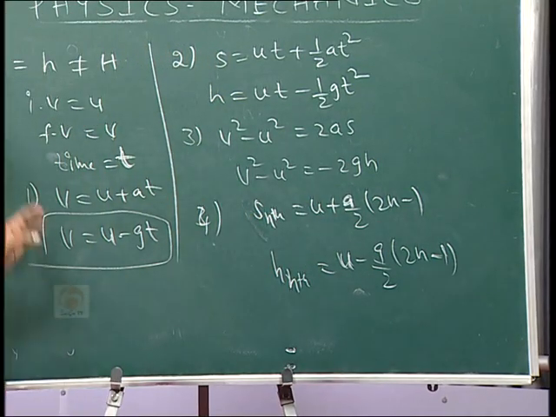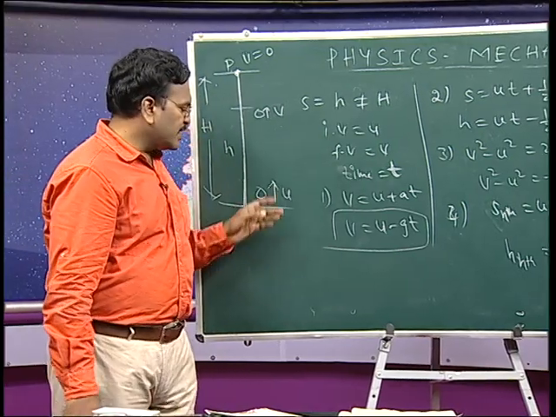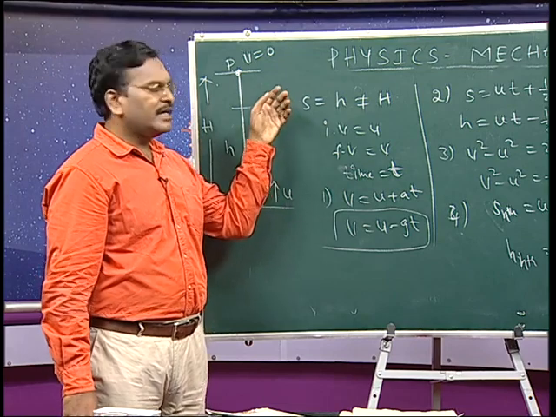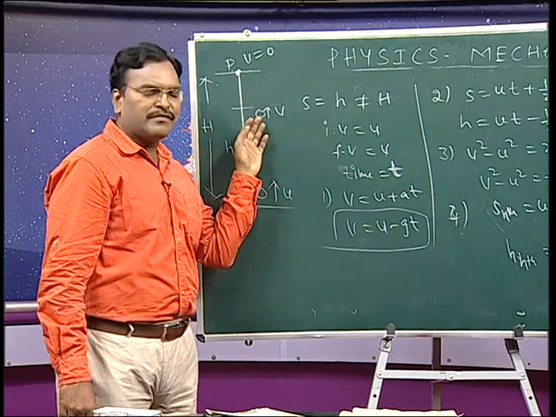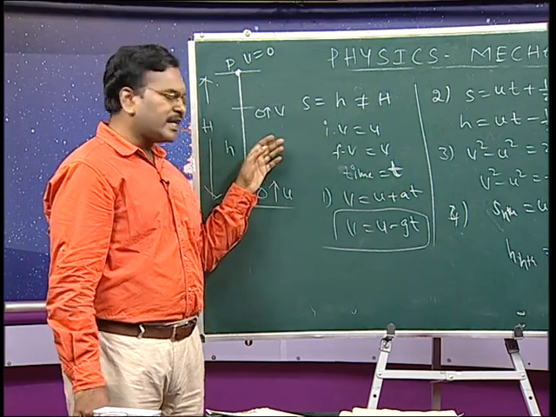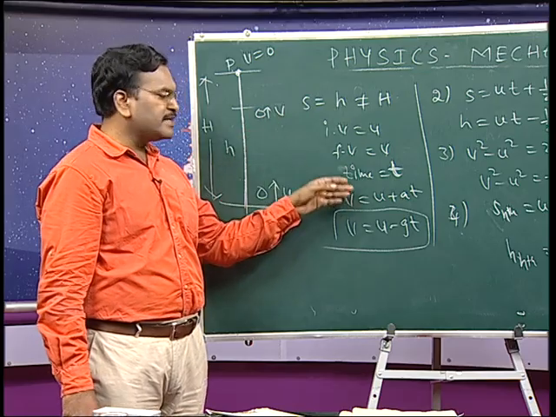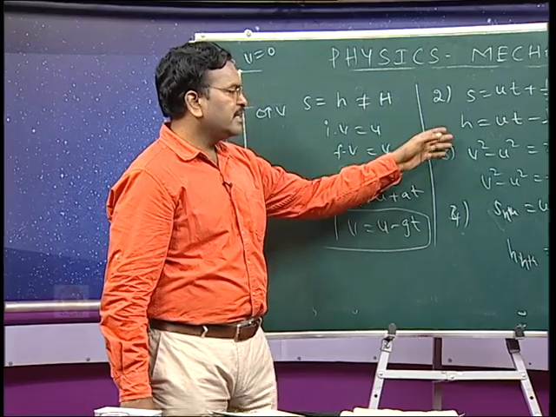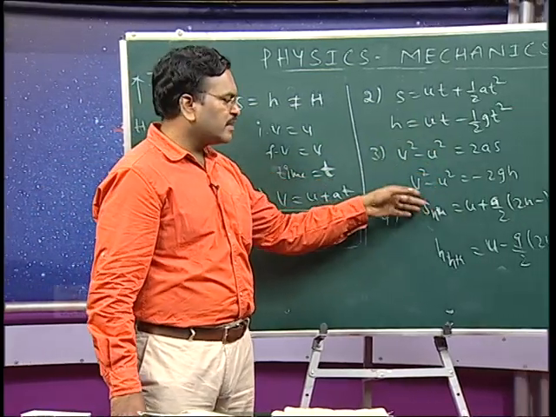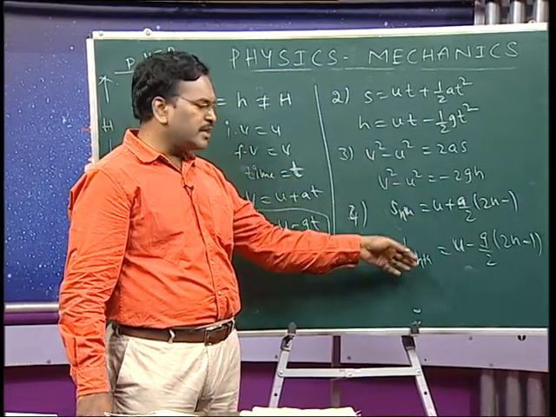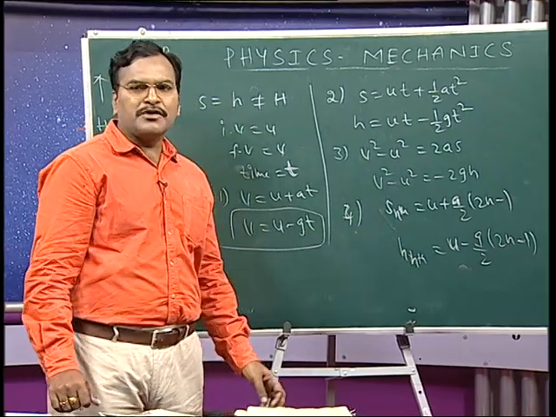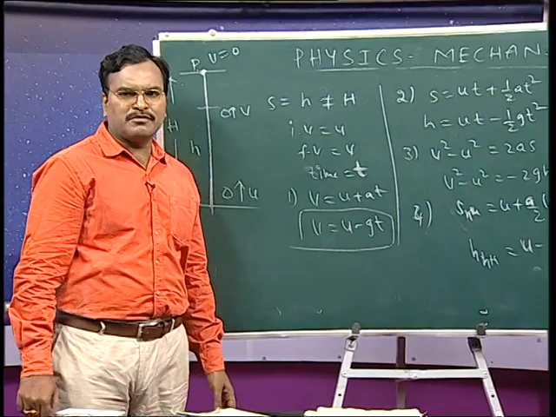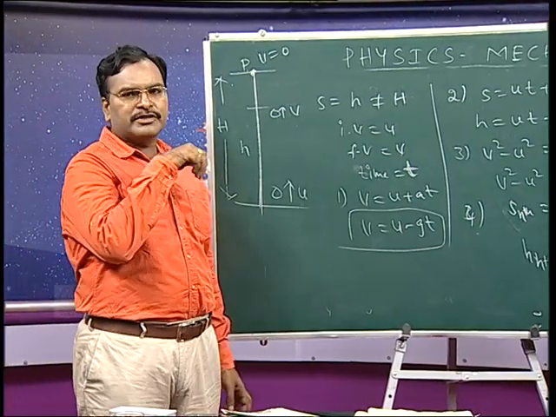Here, when a body is projected upwards and has not reached maximum height, v is the velocity of the body at a height h from the ground in time t seconds. The equations of motion are v is equal to u minus gt, h is equal to ut minus half gt square, v square minus u square is equal to minus 2gh, and h nth is equal to u minus g by 2 into 2n minus 1. These are the equations of motion for a vertically projected body.